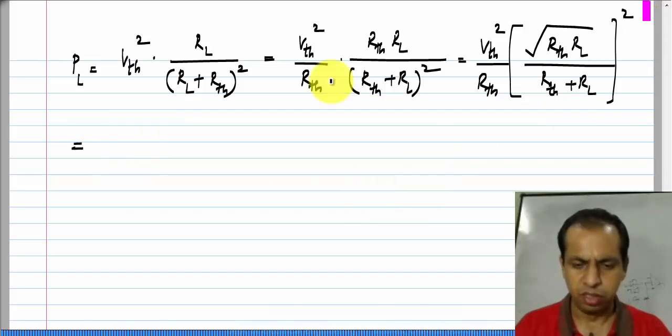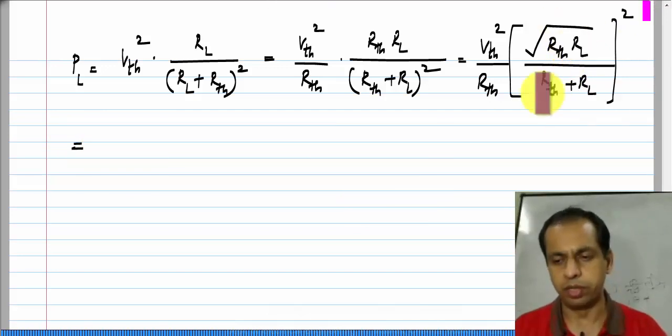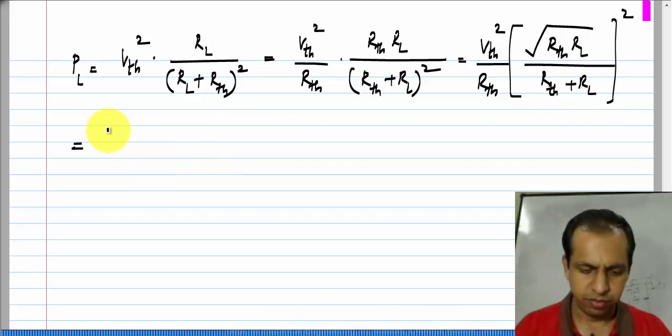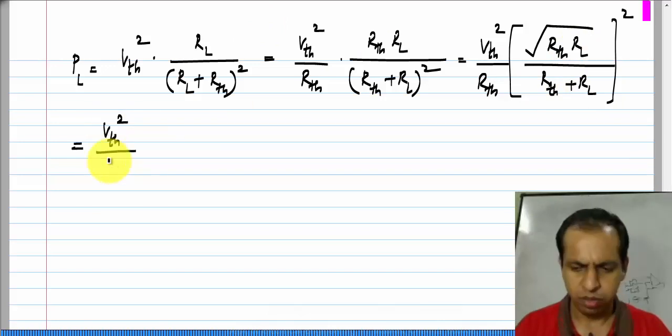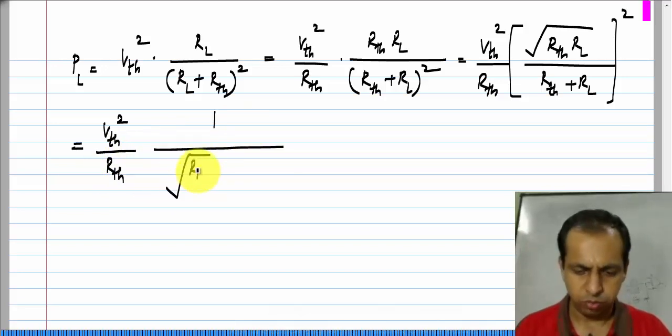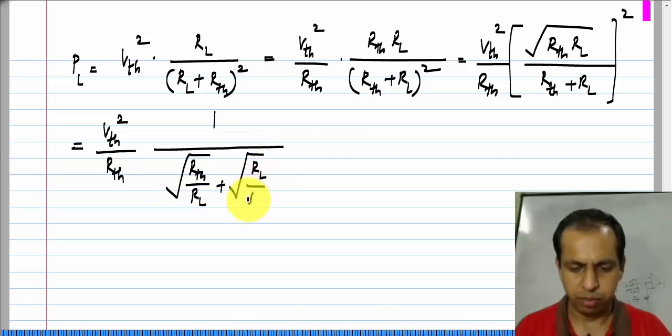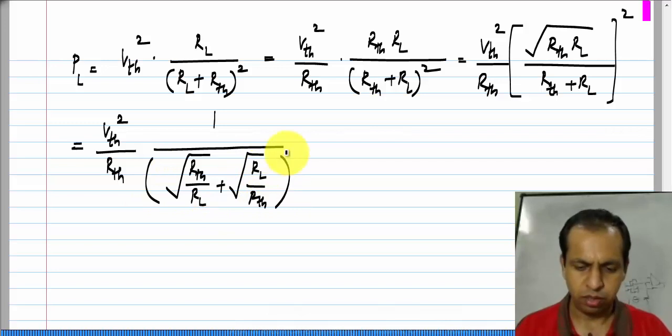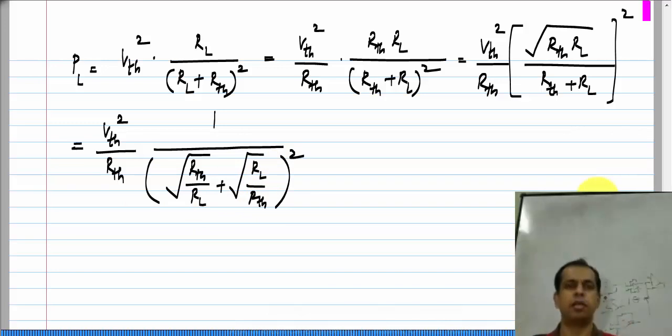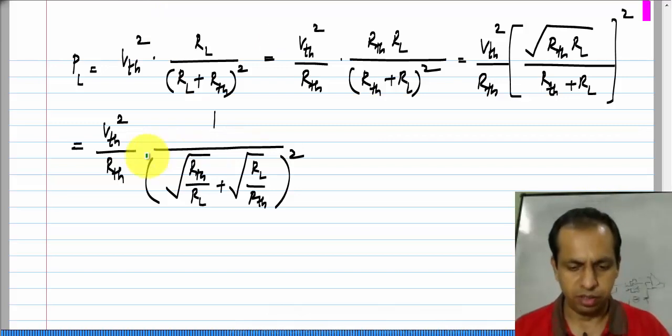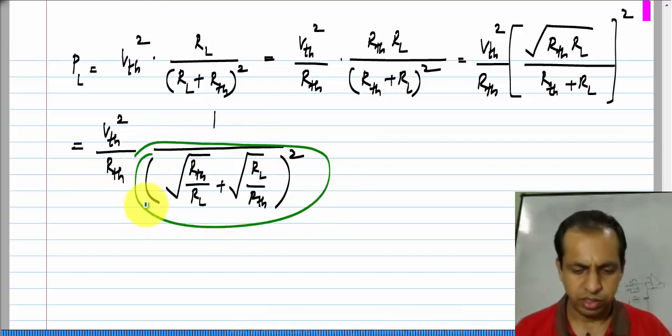And finally, taking the square root term into the denominator, we will get VTH square by RTH, 1 by square root RTH by RL plus square root RL by RTH, square. Now, if you observe the denominator, it is of the form x plus 1 by x square.